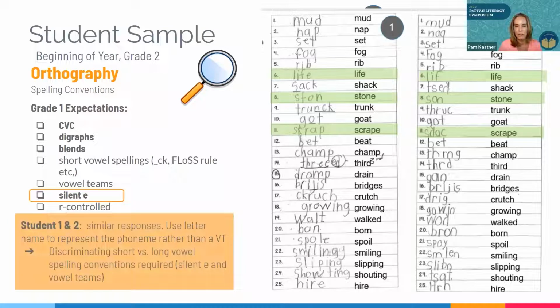So overarching, student 1 and student 2 need to learn to discriminate between hopefully short and long vowels. They're not saying stan and lif. Right, we want to clear that up first of all, if that's happening, but they also need to know the spelling conventions required for silent E and vowel teams that represent long vowel spellings in written language.